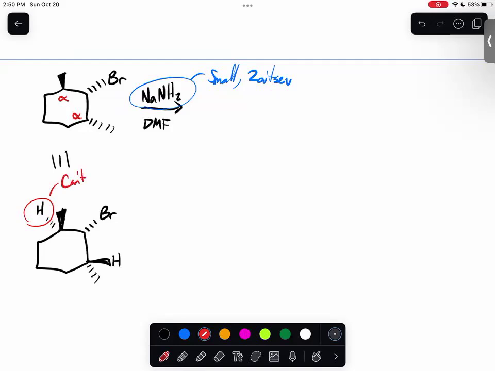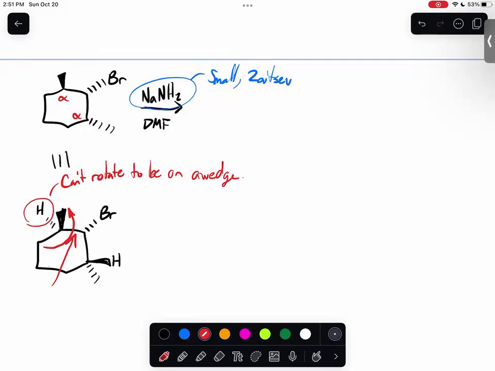The reason is that this ring is locked in place. If we tried to rotate this carbon upward, essentially the whole ring would come up with it. It's just not possible. And so in rings, we have what we call locked stereochemistry.